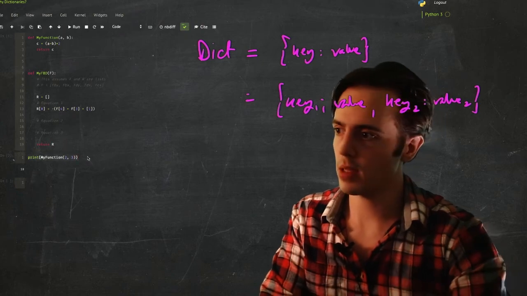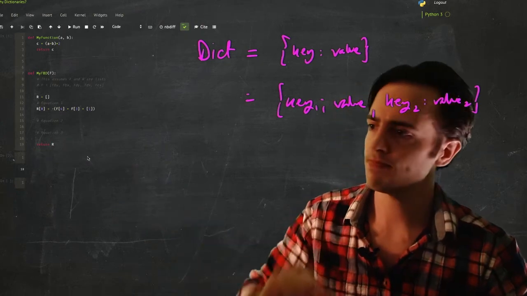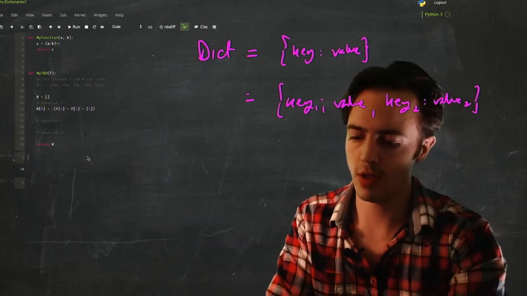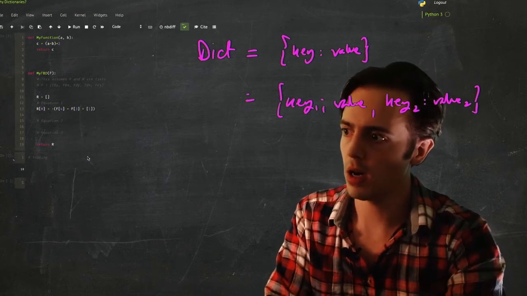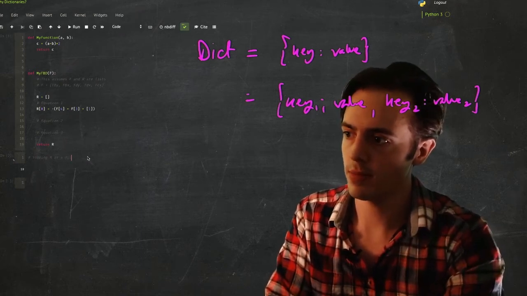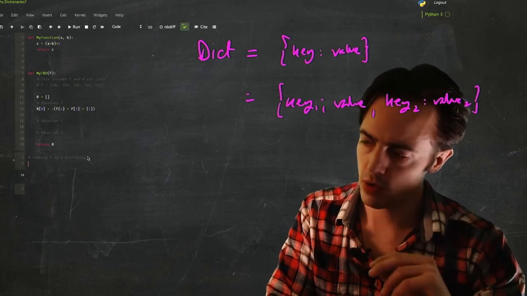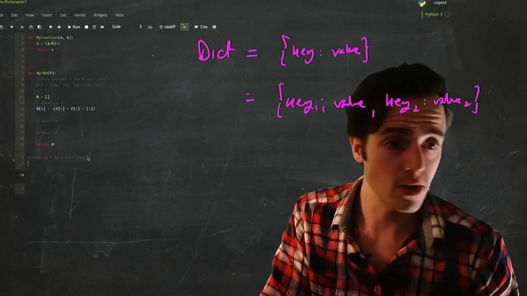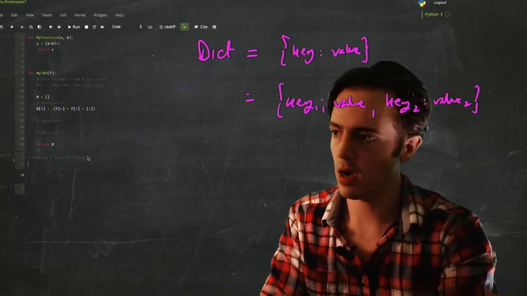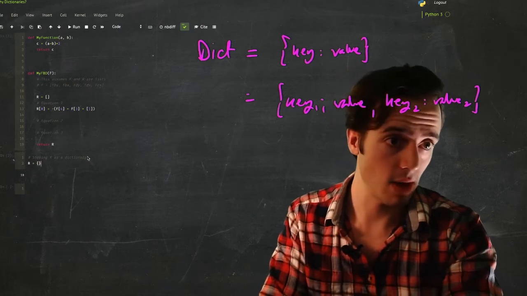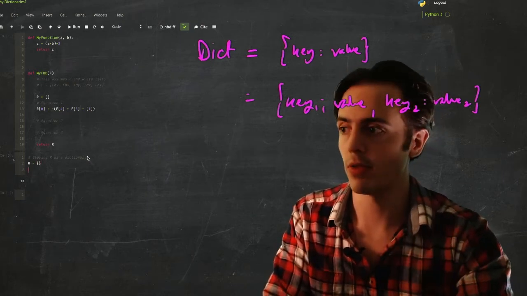So let's go down to this next cell down here, and I'm going to say this is storing R as a dictionary. Let's just put some values into here. We'll say R is an empty dictionary. I can do that, and then I could populate values in there.